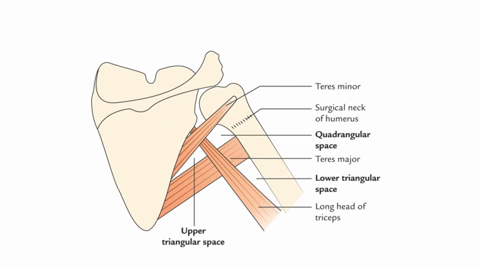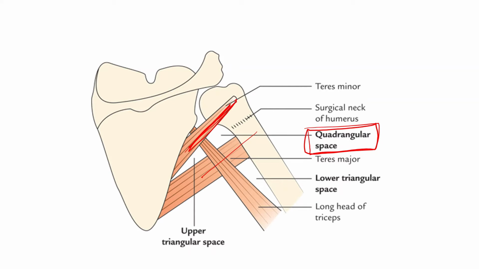Firstly, to begin with the quadrangular space of the scapula. The name itself says quadrangular. It is a quadrilateral shaped space which has an upper boundary, lower boundary, medial and lateral boundary. We'll look at it one by one. The quadrangular space is bounded above by the teres minor muscle.